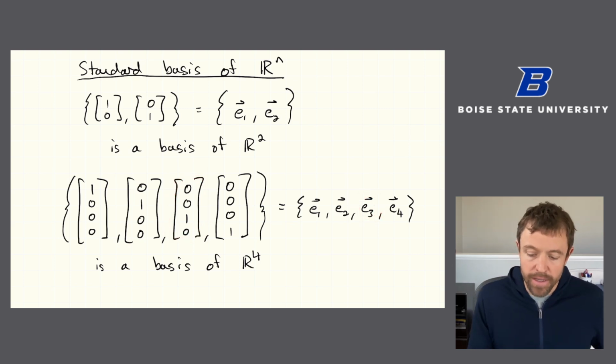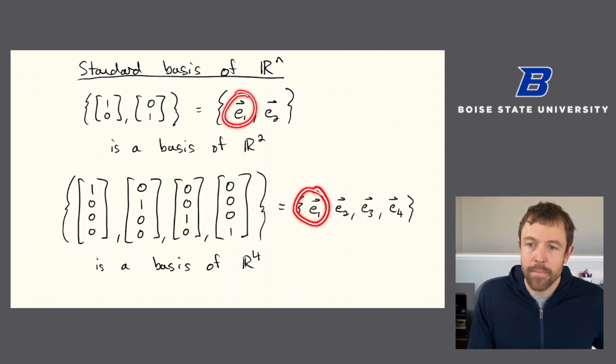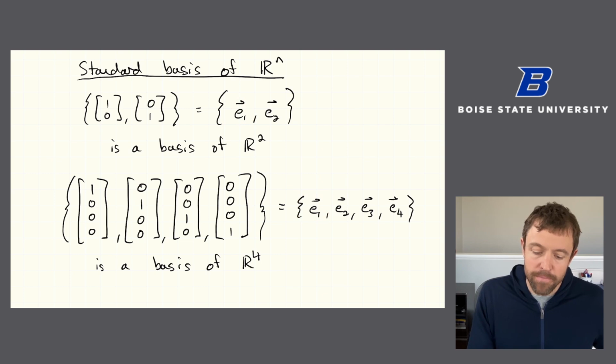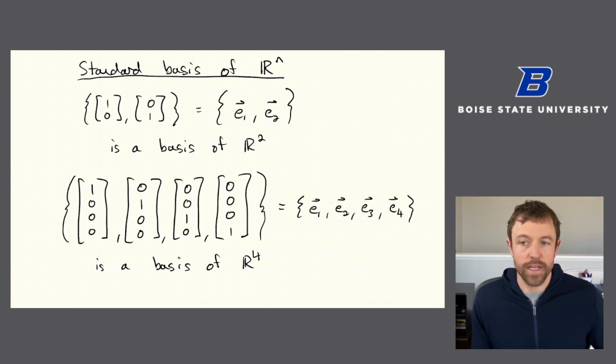Just a quick point, this is sloppy notation. These two e1s are not the same thing, right? This is a 2-dimensional vector with a 1 in the first entry. This is a 4-dimensional vector with a 1 in the first entry. They are not the same thing.